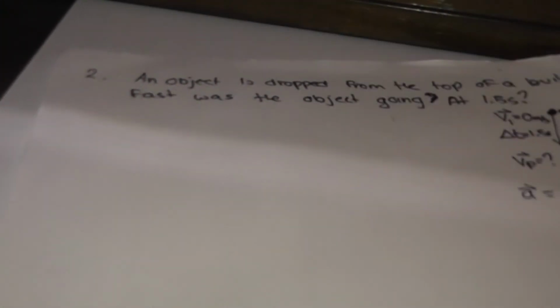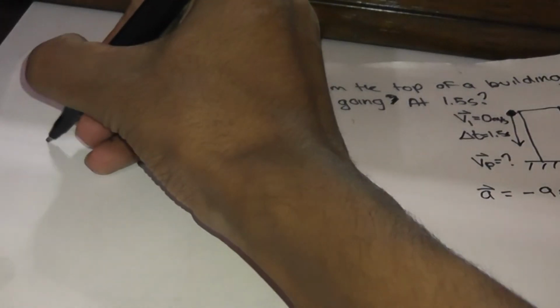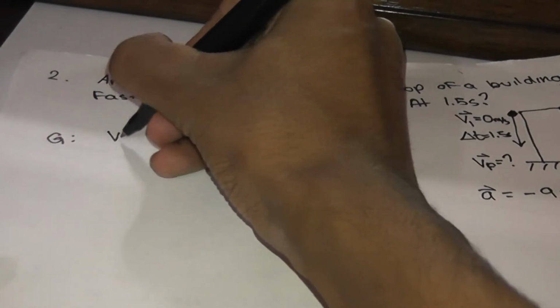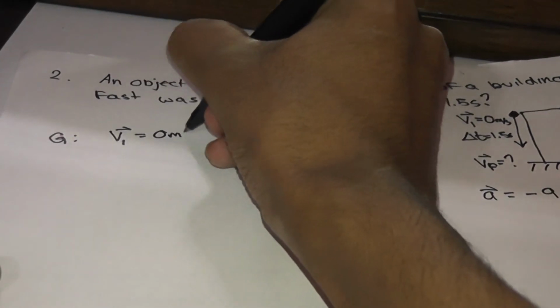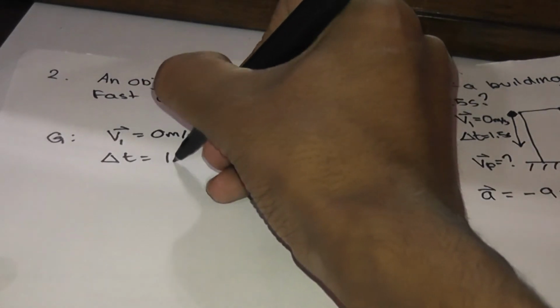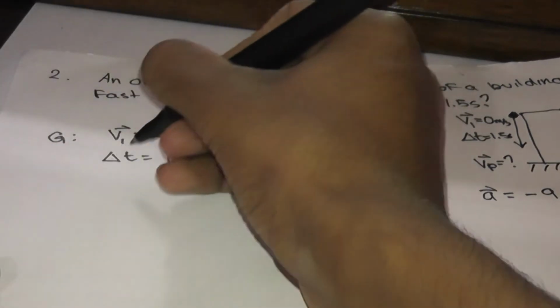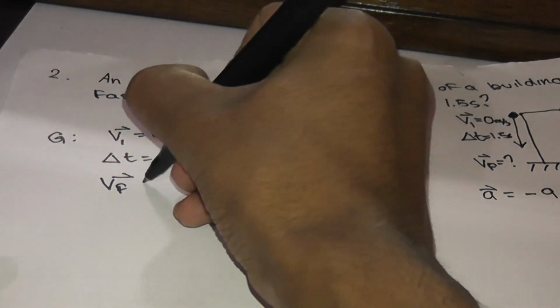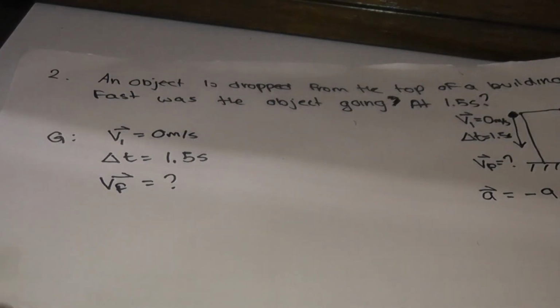So let's write in our givens. Our VI equals 0 meters per second. Our delta t is equal to 1.5 seconds. Our final velocity is what we're trying to find.